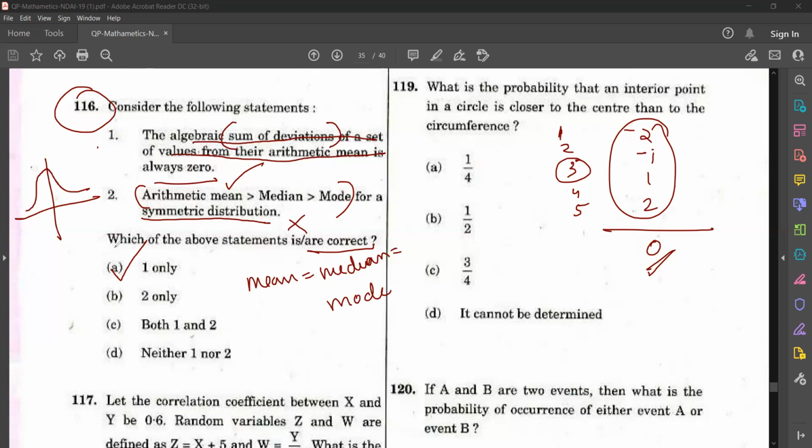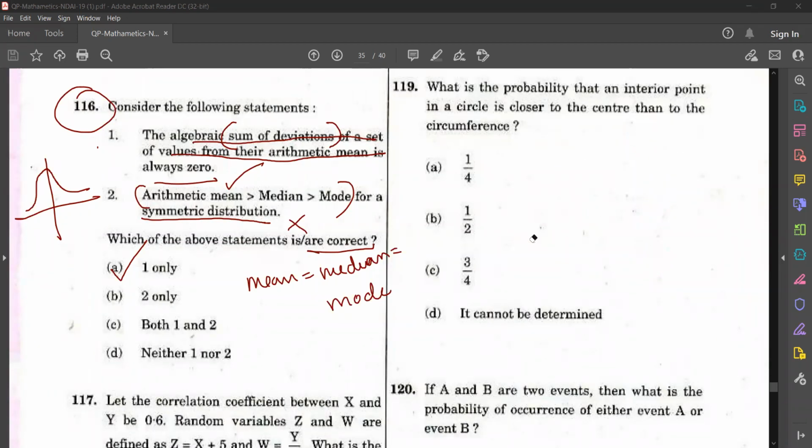Now, other than this symmetric distribution, we have two kinds of distribution: positively skewed distribution and negatively skewed distribution. The graph would be like this. Symmetric distribution I have drawn here; that will be symmetric about the axis.